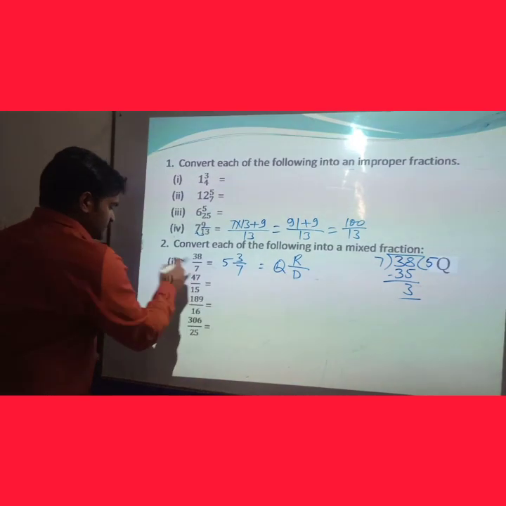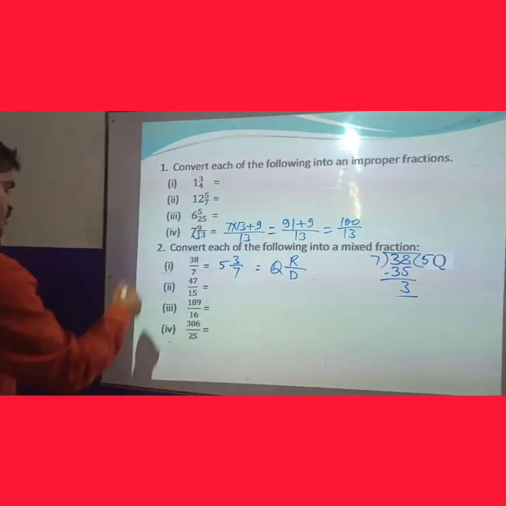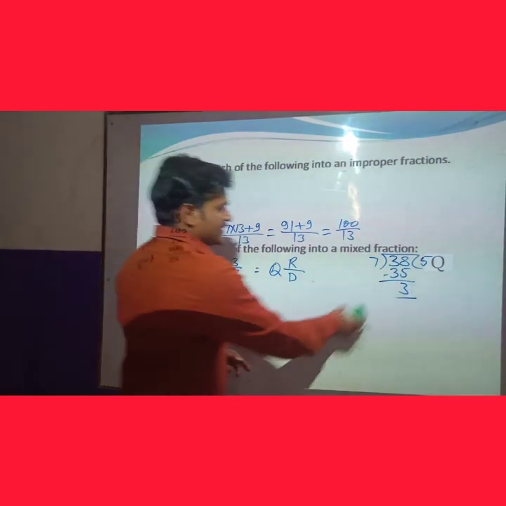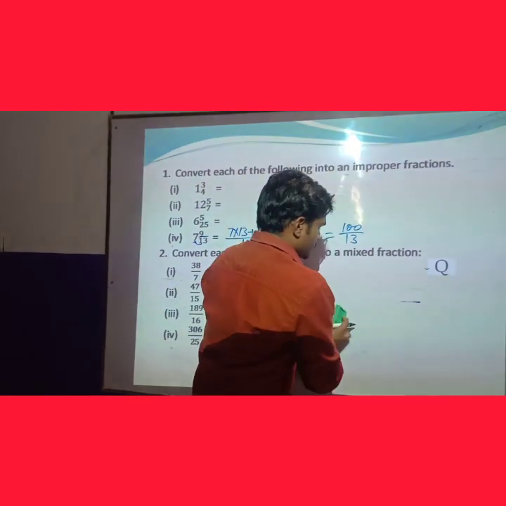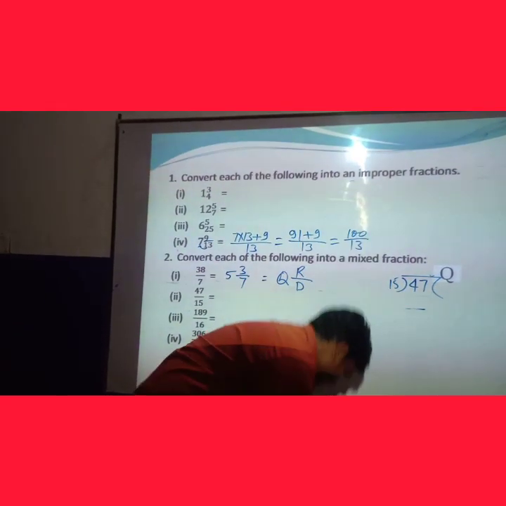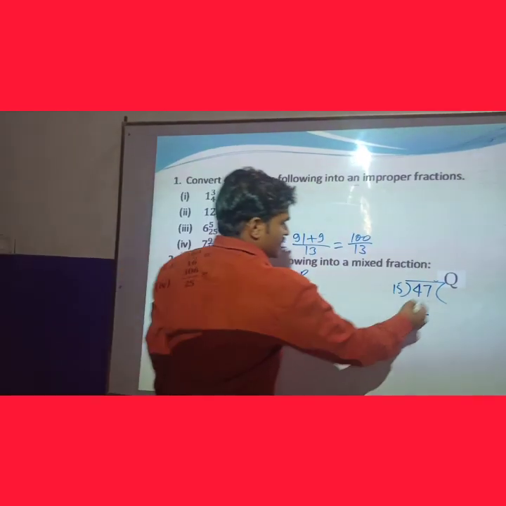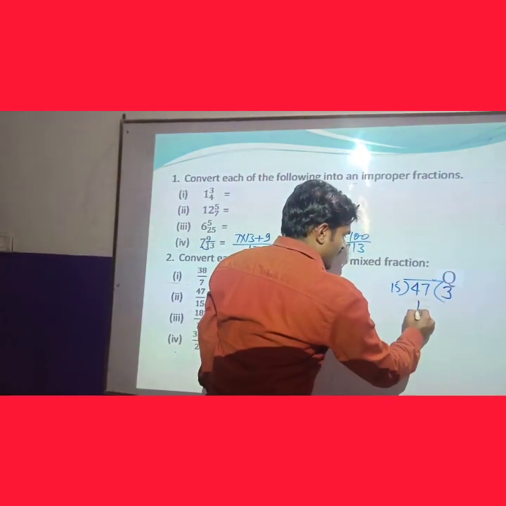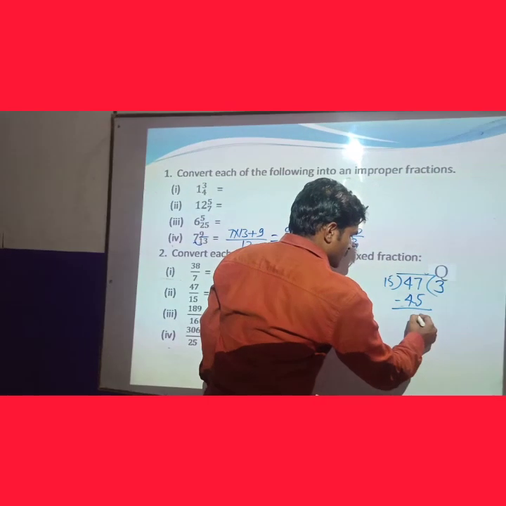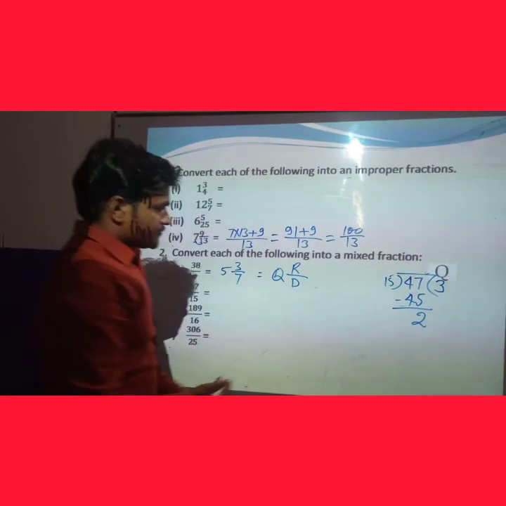Like that, 47 upon 15. So 47 divided by 15. 15 3s are 45, so we get 2 as the remainder, 3 as the quotient, and 15 is the divisor.